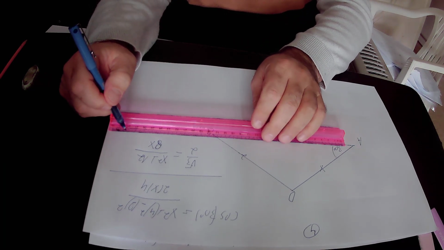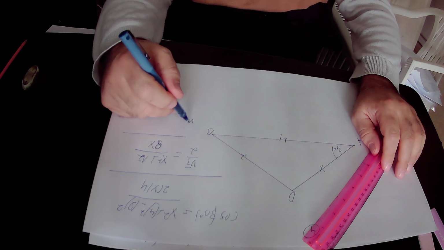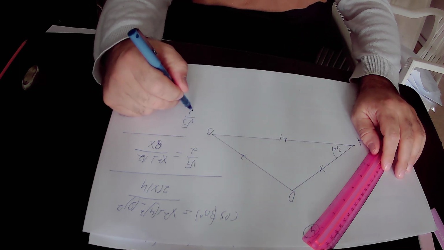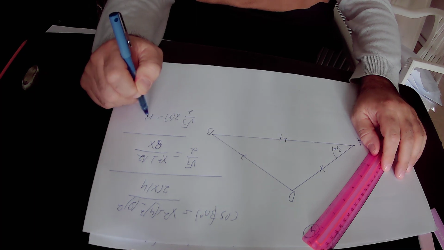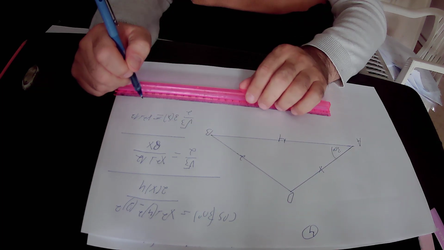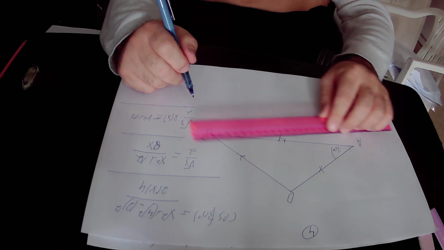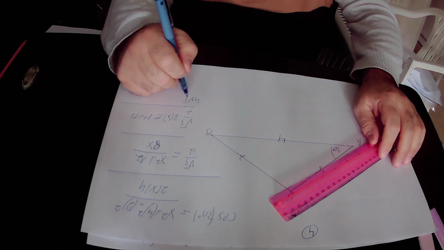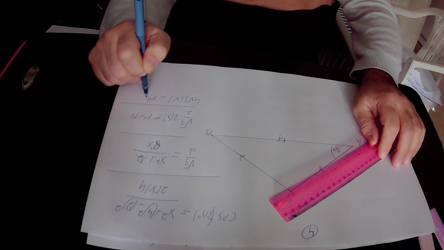Here we will multiply this equation by 8x, and we will get that square root of 3 over 2 times 8x equals x squared plus 12. Here 8 over 2 is 4, so we will get that 2 times square root of 3x equals x squared plus 12.